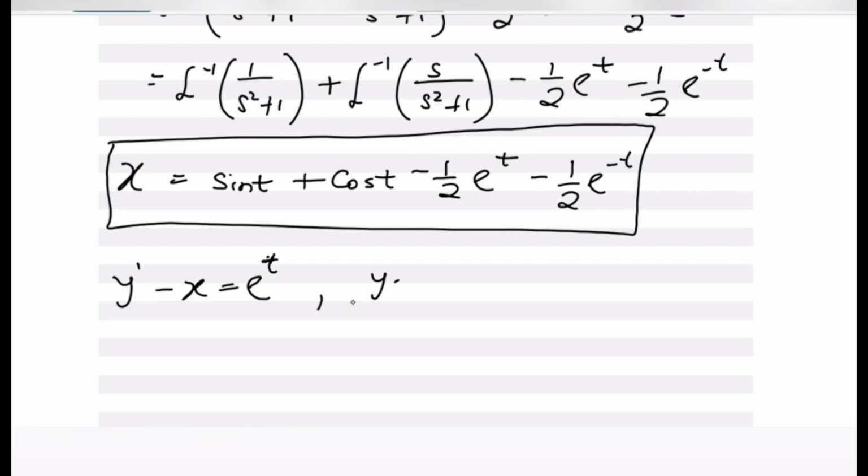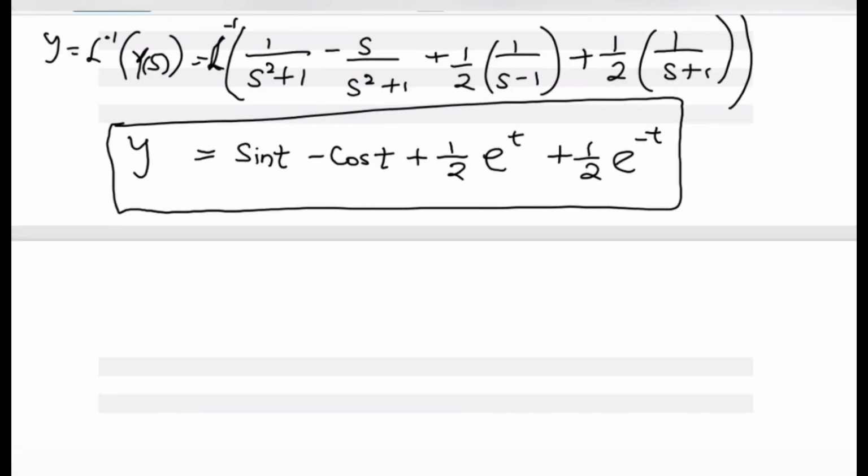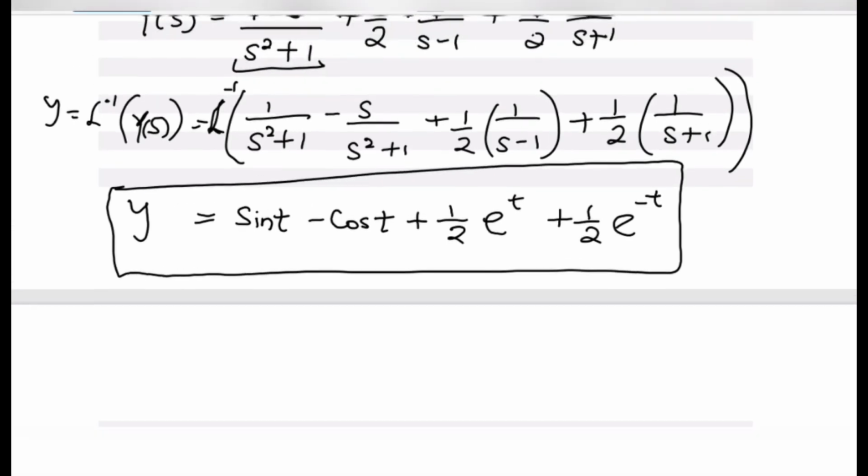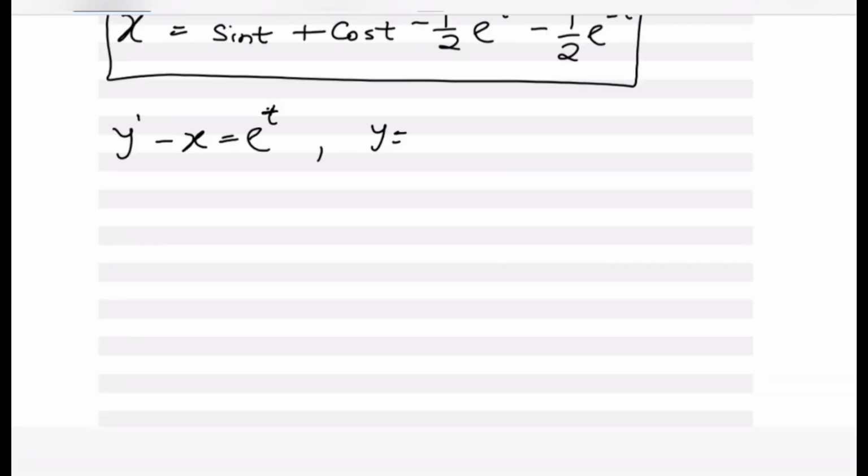Our y is sine t minus cos t plus 1/2 e to the t plus 1/2 e to the negative t. So y prime will give us the derivative of each of these.